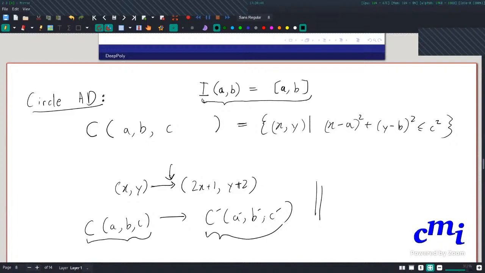The complexity of building the abstract transformers also has to be kept in mind when you design these domains. But it's an interesting thing.